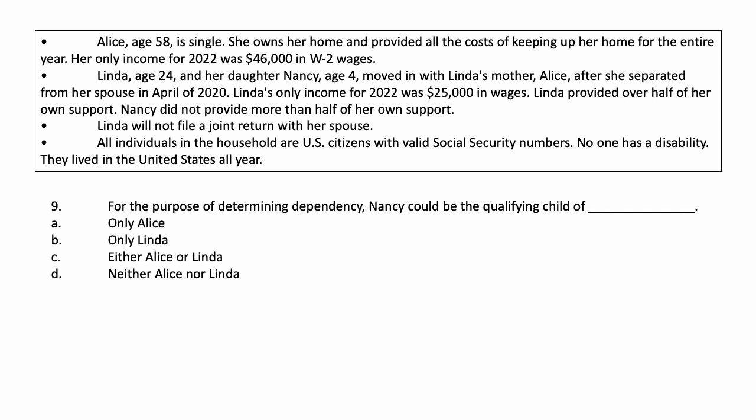So for the purpose of determining dependency, Nancy could be the qualifying child of only Alice, the grandmother; only Linda, the mother; either Alice or Linda; or neither Alice nor Linda. Once again, since it says qualifying child of who, we're going to use the 8-page resource tool, which we'll do on the next slide.